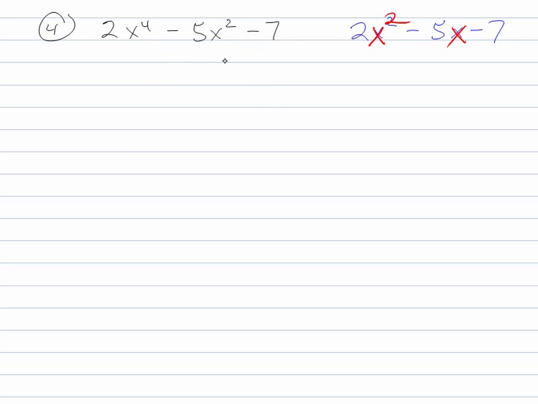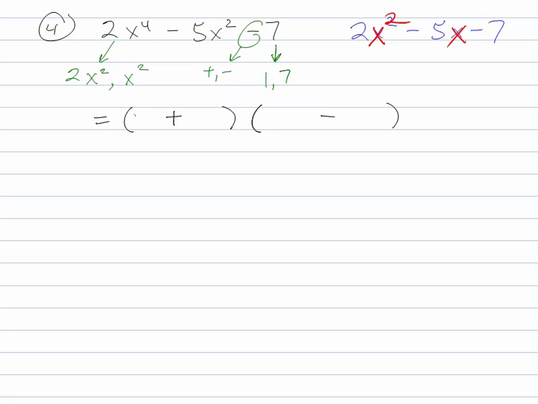Okay? So we're going to look, and we're going to say, okay, well, there's basically the 2 ways that I can get that 2x to the 4th that I'm going to be concerned with: 2x squared and x squared. 7 I can get from a 1 or a 7. Because this is negative, that means I have to use a plus and a minus. So whenever I'm factoring these out, 1 has to be a plus, 1 has to be a minus.